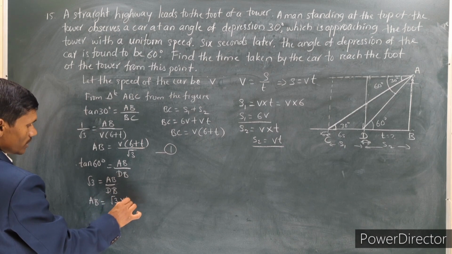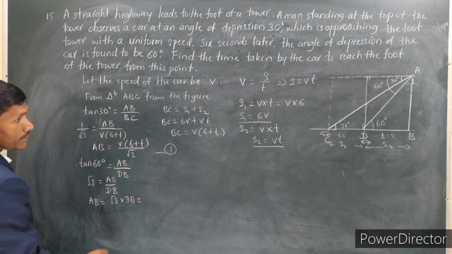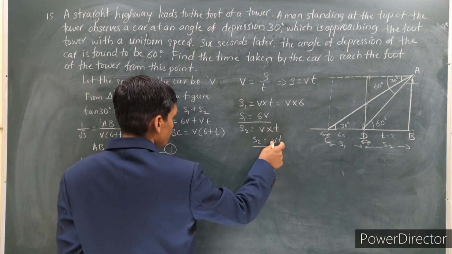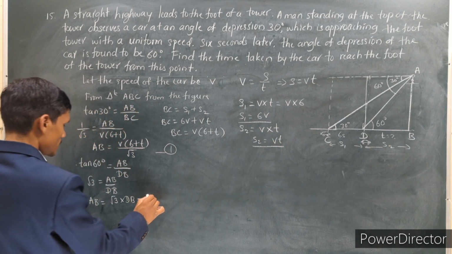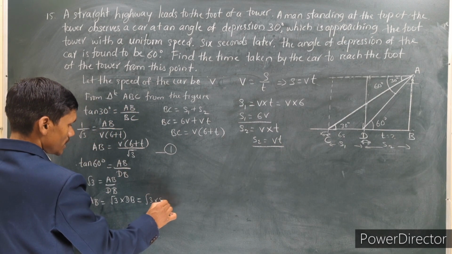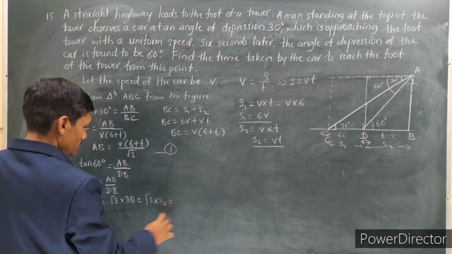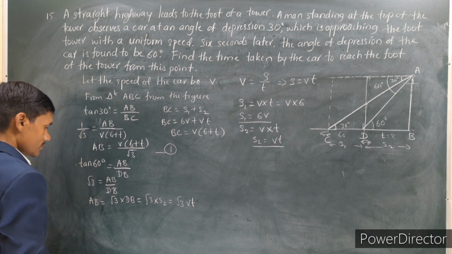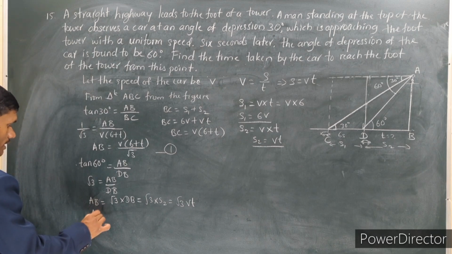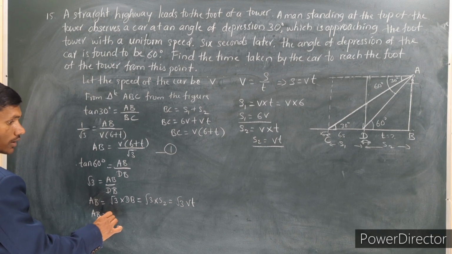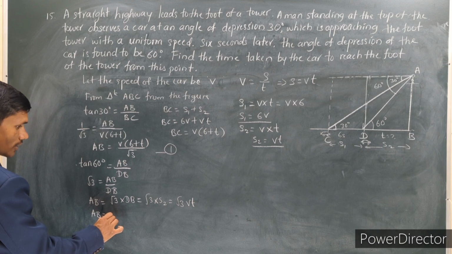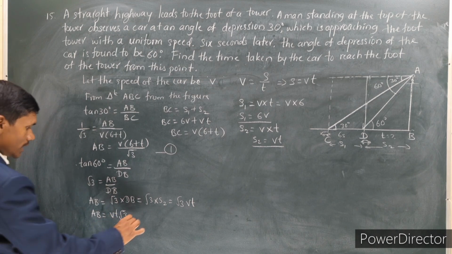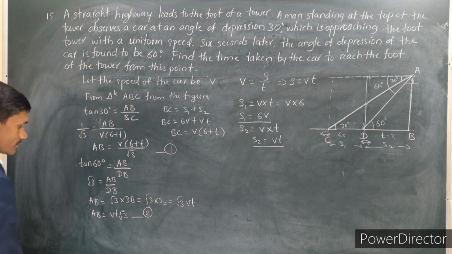DB is nothing but S2, which is V into T. So AB is equal to root 3 V T. Let us take this as equation 2.